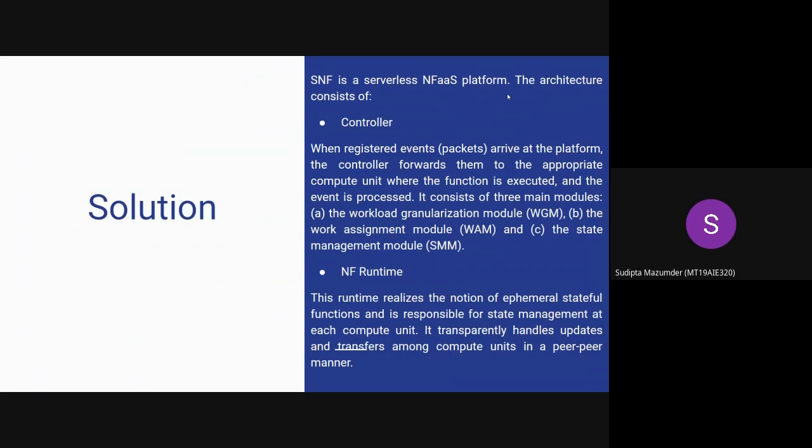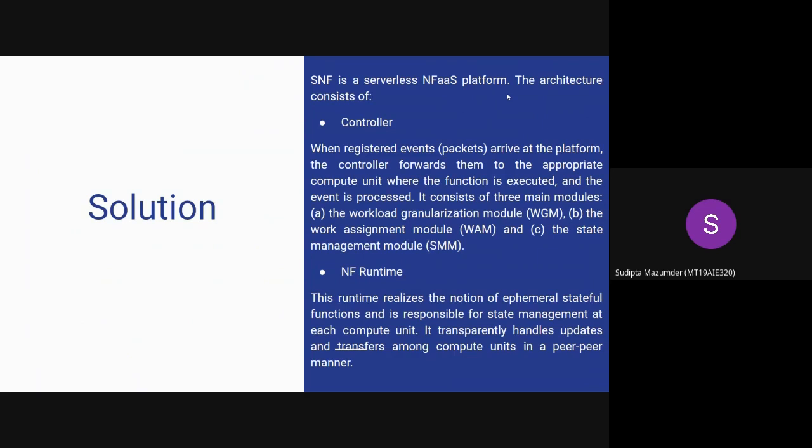Once it has been granularized, it determines which flowlet it belongs to. If it belongs to an existing flowlet, then it is routed to the appropriate compute unit. If not, then that flowlet goes to the next module, the work assignment module, where it determines the appropriate compute unit to which the new flowlet should be assigned.